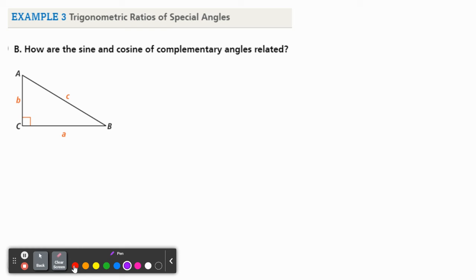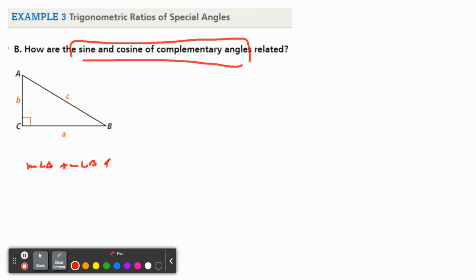Okay, so it says, how are the sine and cosine of complementary angles related, right? Sine and cosine of complementary angles. So the question is, why in the world are they talking about complementary angles here, right? Well, if you look at the measure of angle A plus the measure of angle B plus the measure of angle C, we know that they're the three angles of a triangle. They add up to 180. Well, we know that the measure of angle C is 90 degrees.